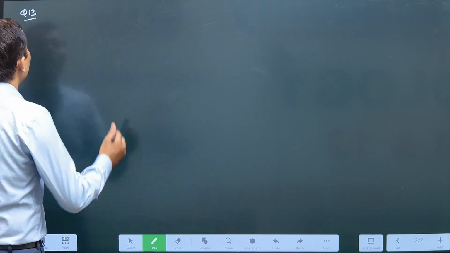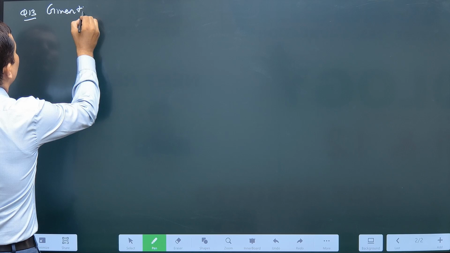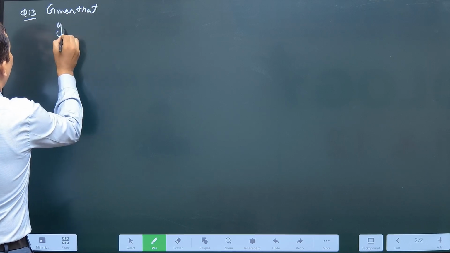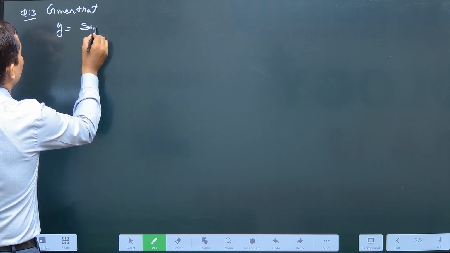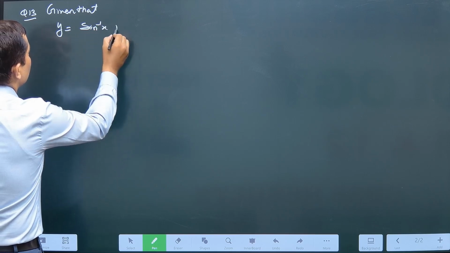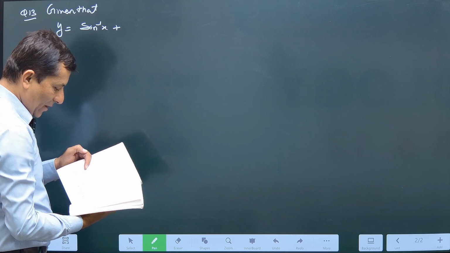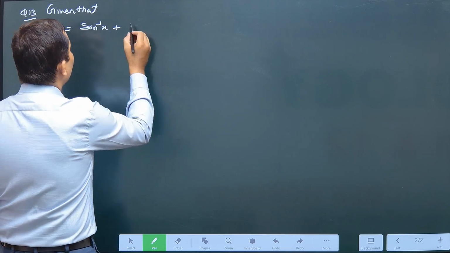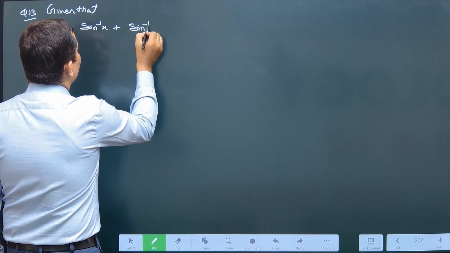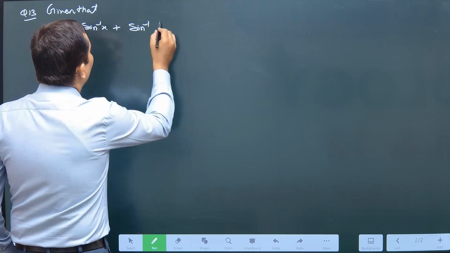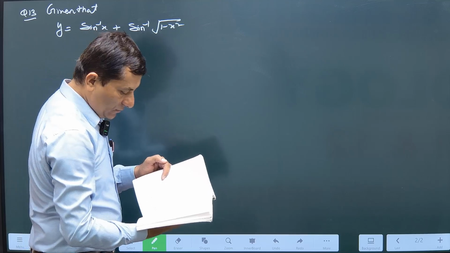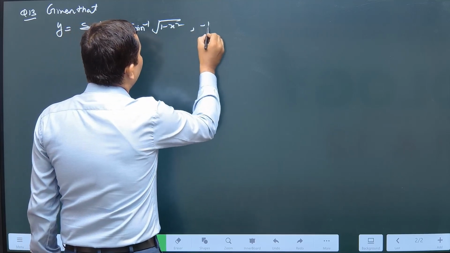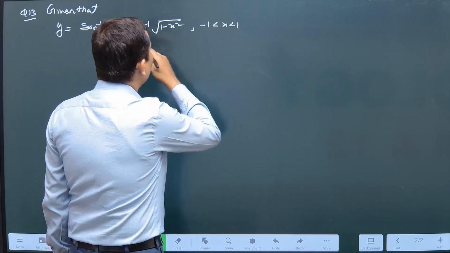Now see, given that your y is equal to sin inverse x plus sin inverse root 1 minus x square, minus 1 less than x less than 1.